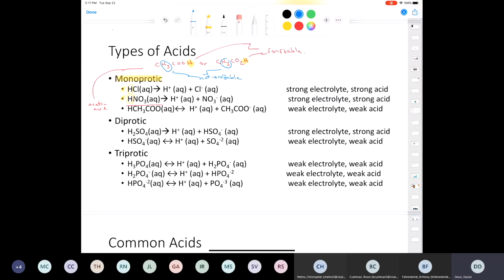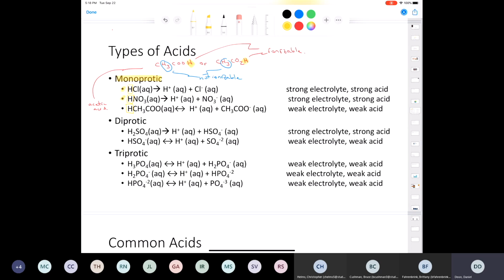Later on in the class, when we start looking at Lewis structures, I will go over the whole structure of acetic acid with you and explain why those other three protons are not ionizable. But for right now, you're just going to have to take my word for it that acetic acid only has one ionizable proton.